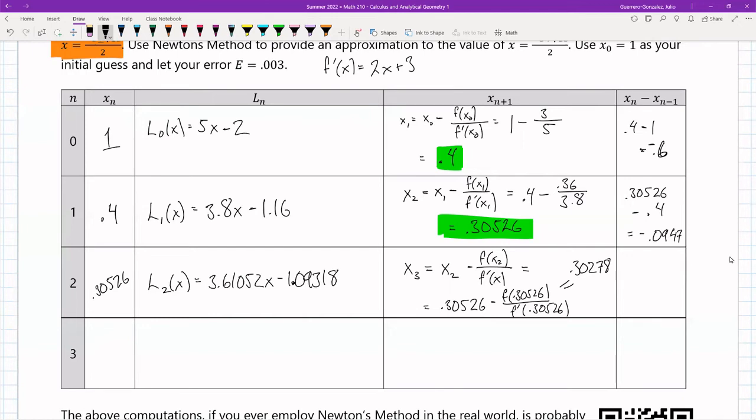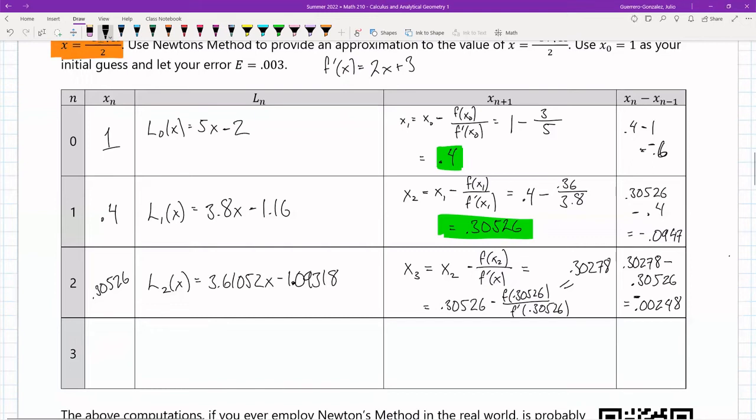So now if we want to take the difference between them, 0.30278 minus the one that came before it, 0.30526, let's compute that really quick. This right here is now negative 0.00248.